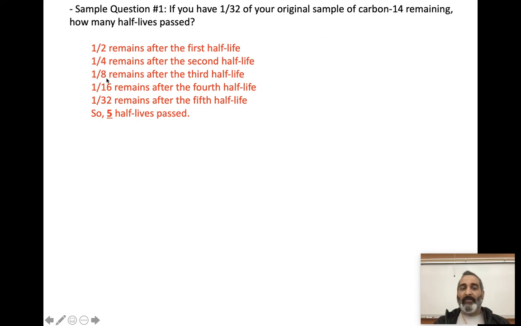So 1/8 remains after a third half-life. 8 times 2 is 16. 1/16 remains after a fourth half-life. 16 times 2 is 32. 1/32 remains after the fifth half-life. So the answer would be 5 half-lives pass if you have 1/32 of the original sample left.